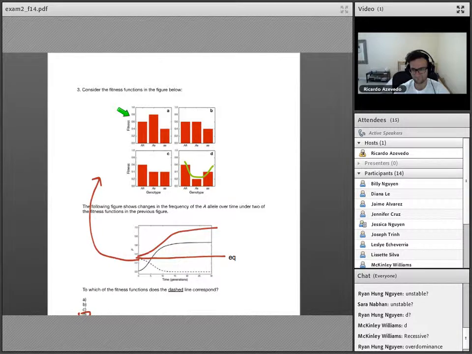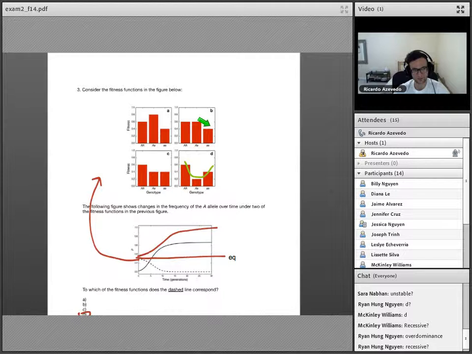So what about B? What type of selection do we see in B? Is it under-dominance, over-dominance, dominant, or recessive? So in the case of B, heterozygote and homozygote both have the same fitness value.